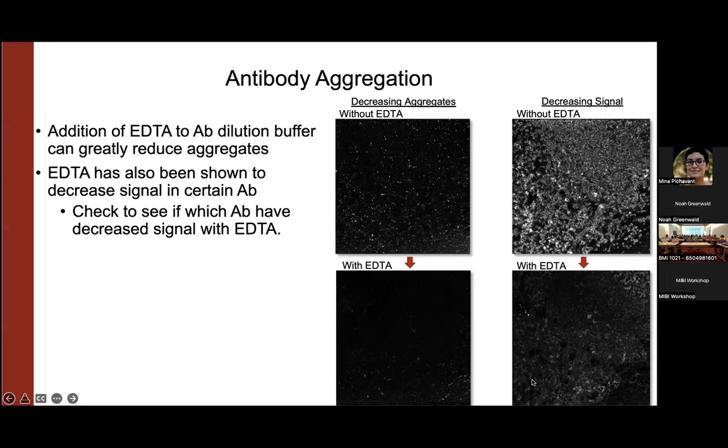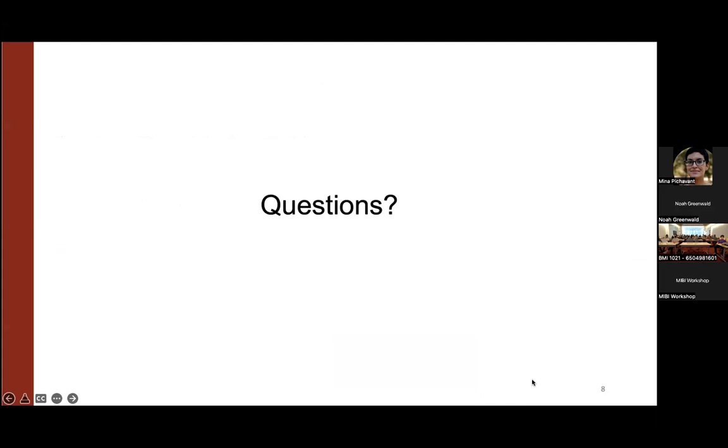We'll separate those into a separate group where their buffer doesn't have EDTA. And we'll make sure that these two stay separate when staining, so that you're getting a decrease in aggregation in the antibodies that need it, and you're not losing signal in the antibodies that have it.